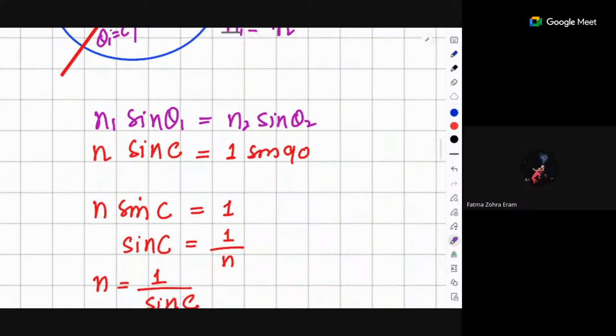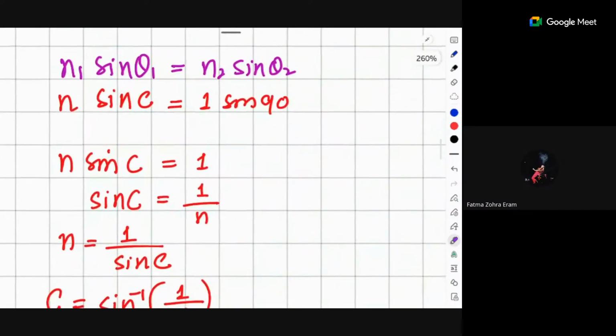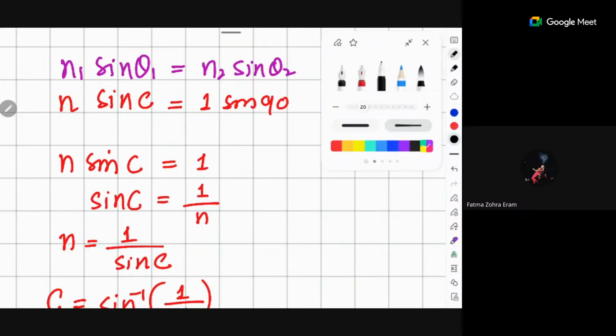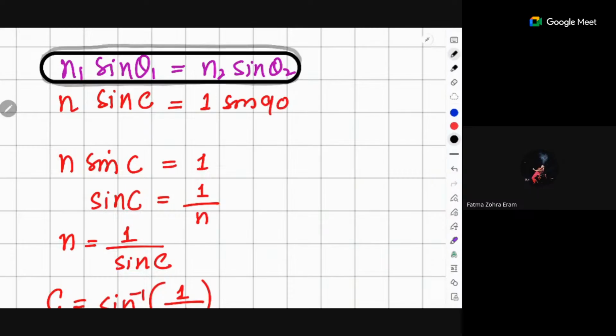So at this specific situation or at this specific stage, if I apply Snell's law, this is basically your Snell's law, and what is being stated to you in Snell's law. Snell's law tells us about the refraction of a light ray when it enters from one medium to another.